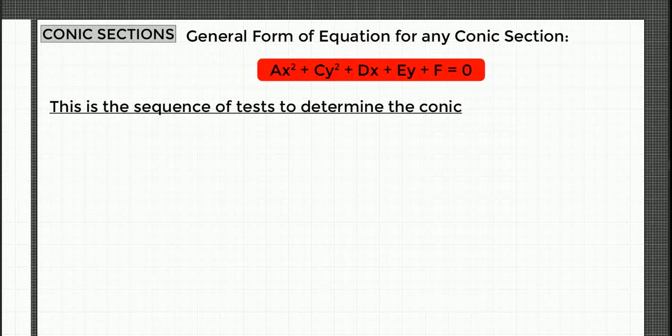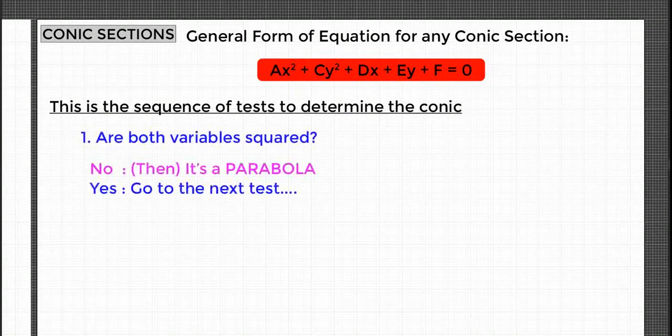First of all, you have to ask 3 questions in this sequence. Number 1. Are both variables squared? If in this equation both the variables x and y are squared, then it is not the equation of a parabola.